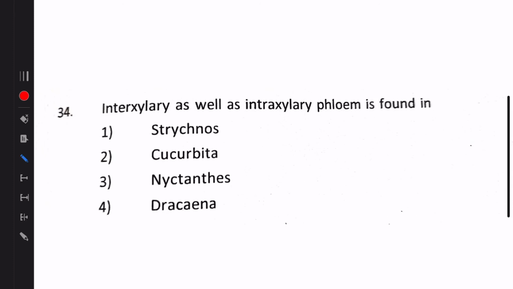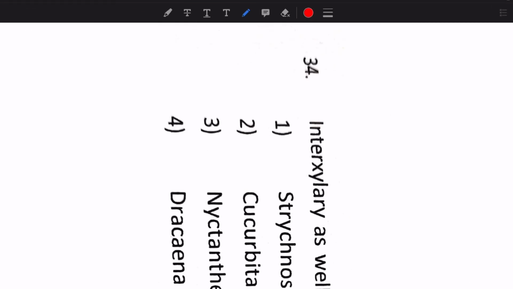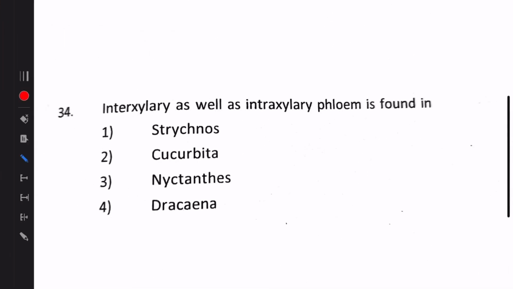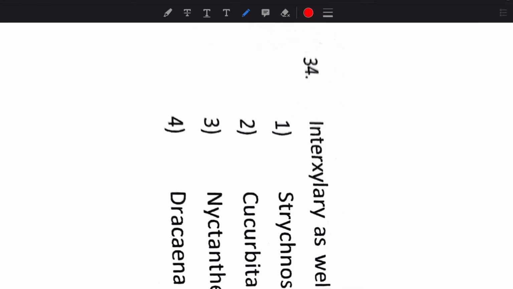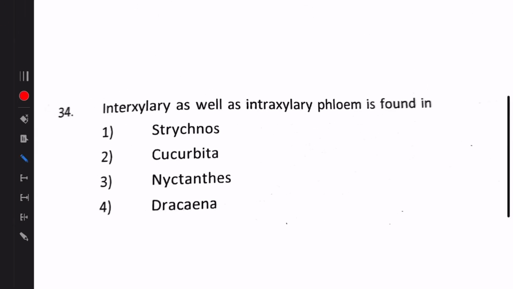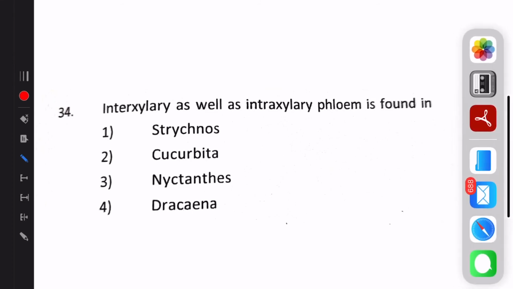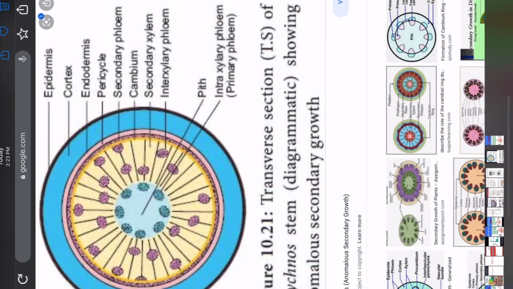Well, here we can see that it's a fact question, and this is a very famous example, which is Strychnos, which has both interxylary and intraxylary phloem. Now we will see a picture where it shows the intraxylary and interxylary phloem of Strychnos.